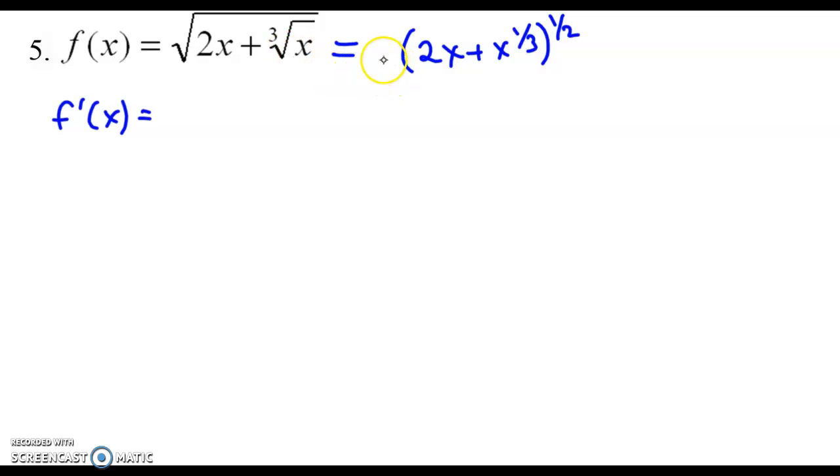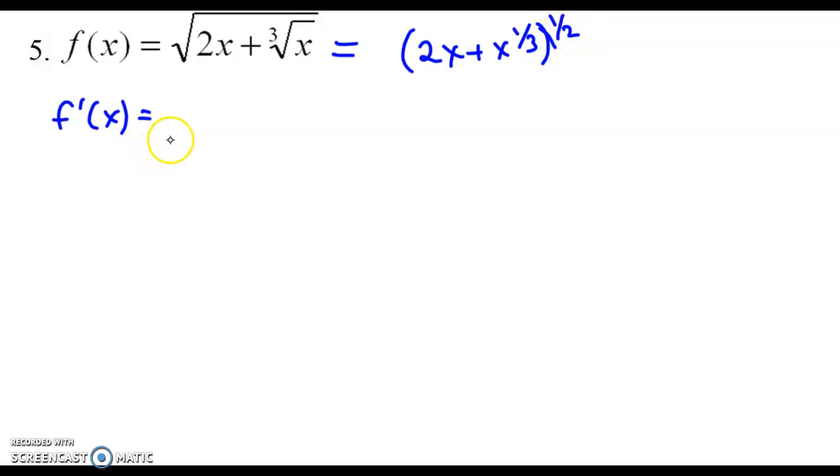This function can be rewritten. It looks big, but we can rewrite it pretty easily. 2x plus x to the power of a third. That's all under this square root sign, so we put brackets and represent the square root with the half.